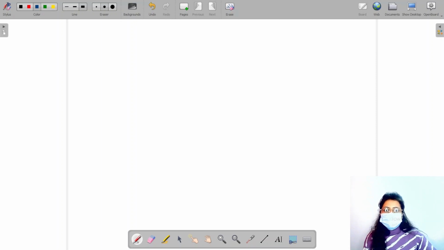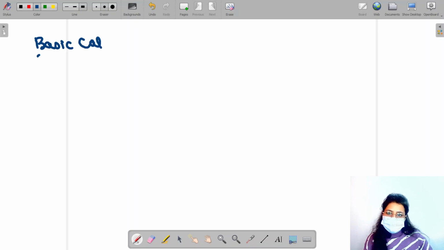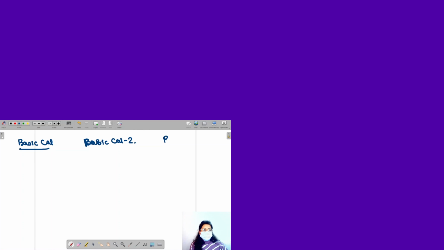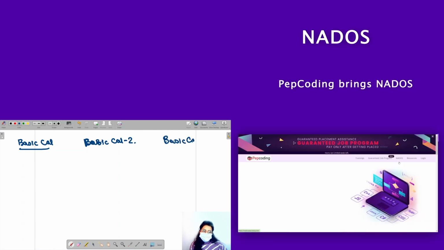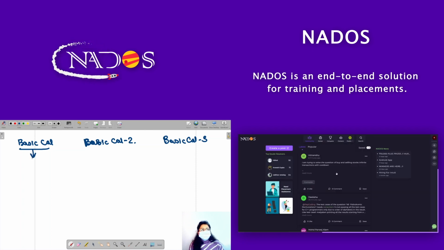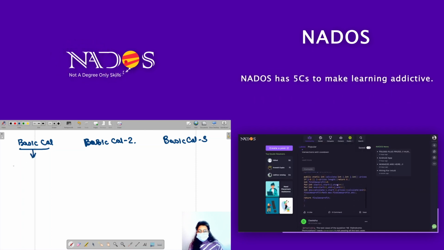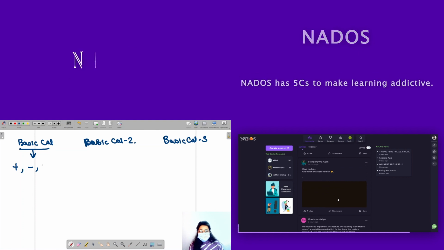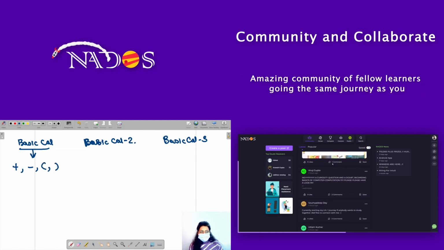So as we had seen in basic calculator and basic calculator 2, and this question is basic calculator 3, right? For the basic calculator, we had the simple operators plus, minus, and the opening and closing parentheses.